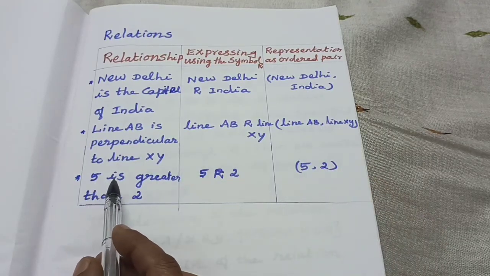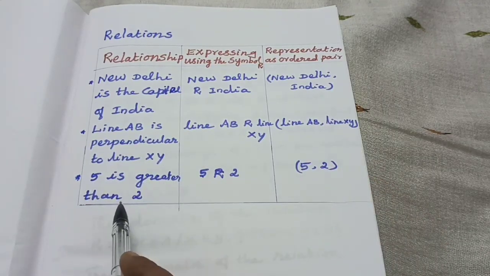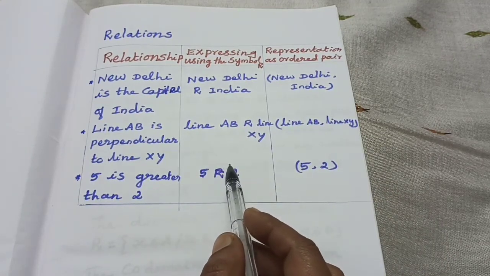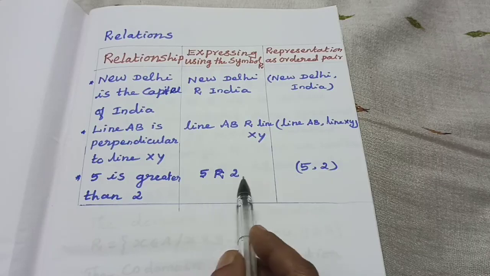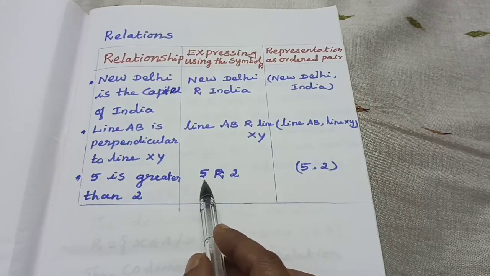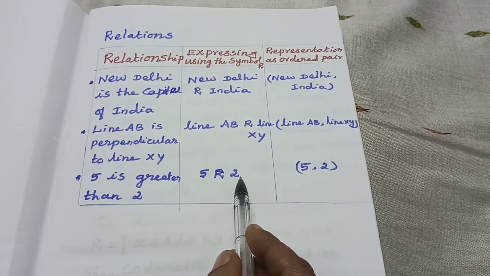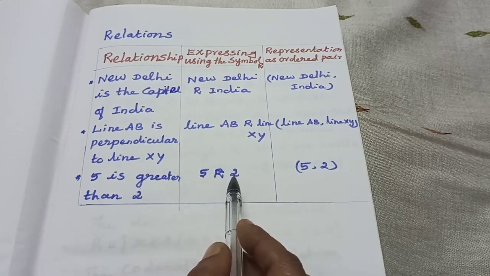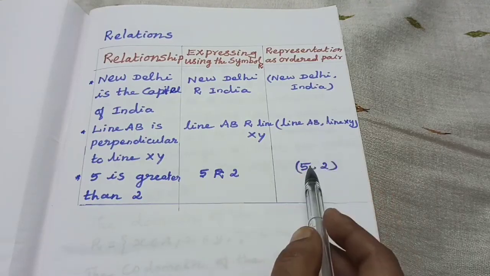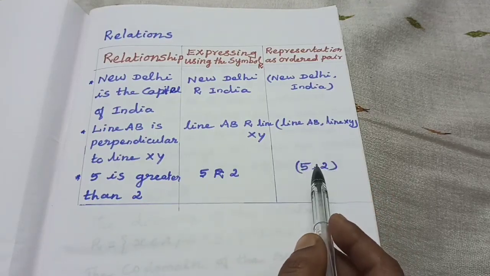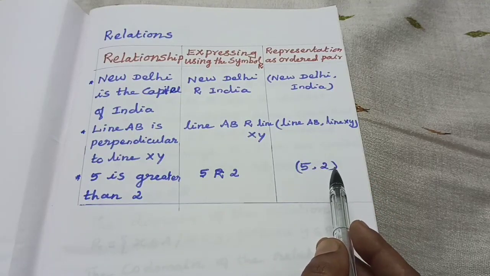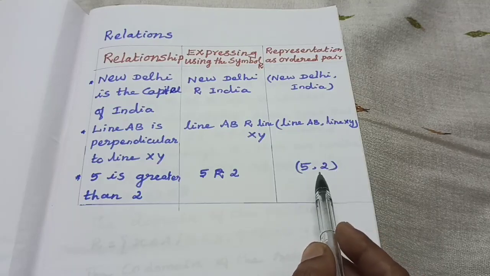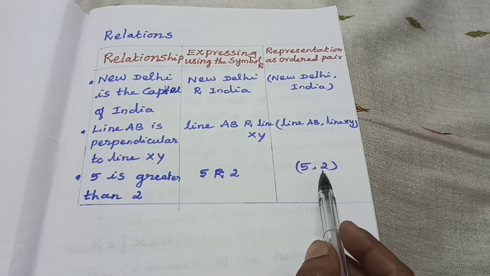Then one more example is 5 is greater than 2. Expressing using the symbol, 5 is related to 2. Okay, that's a relation. Next, in ordered pair form, (5, 2) is the ordered pair.